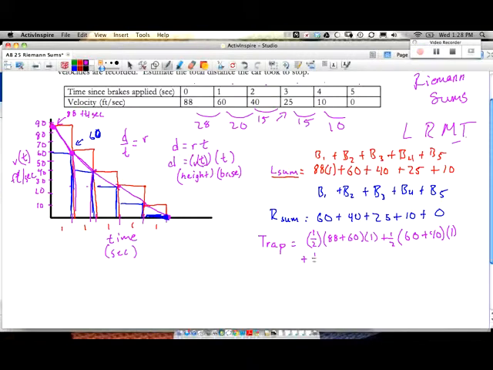And then we got 3 more boxes to do, plus 1/2 times 40 plus 25 times 1, so I'm not even going to write that, plus 1/2 times 25 plus 10, plus, now the last one is 1/2 of 10 plus 0 times the height, or the base part of this is 1 wide again.